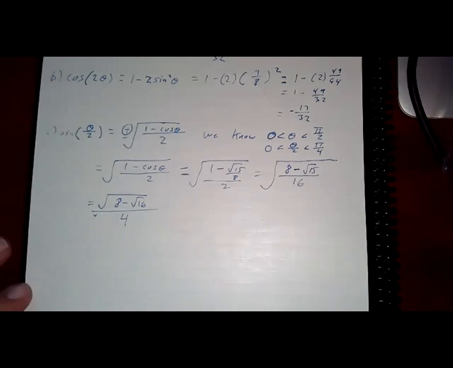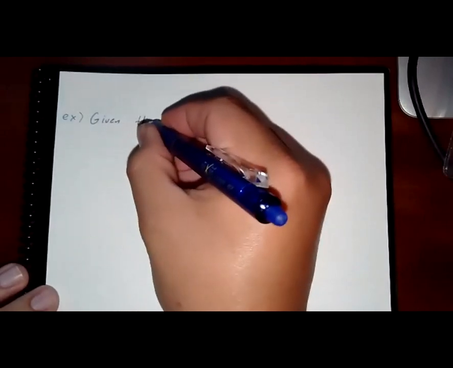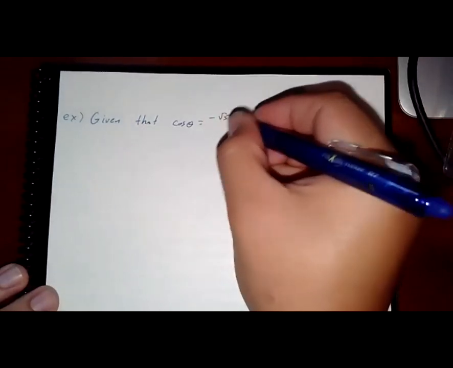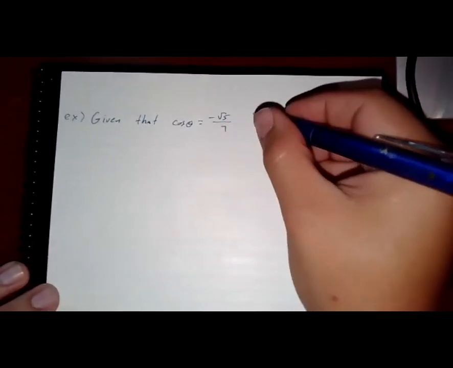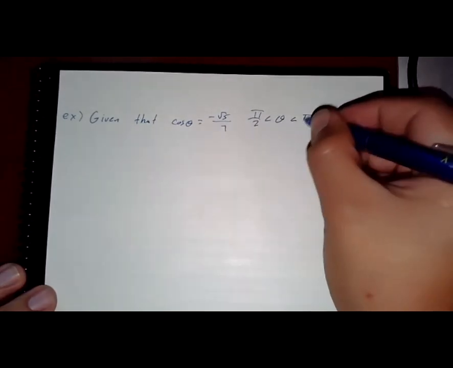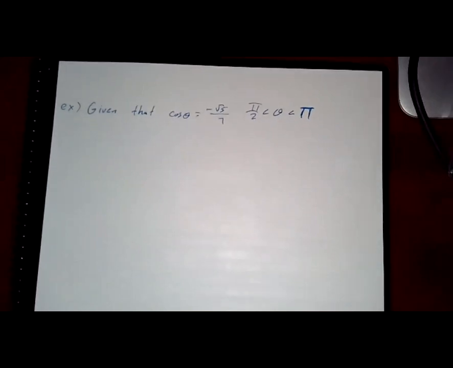Let's move on to a different example. Given that cosine of theta is equal to negative root 5 over 7, and we have theta in this quadrant here, between pi over 2 and pi, there's quadrant 2.